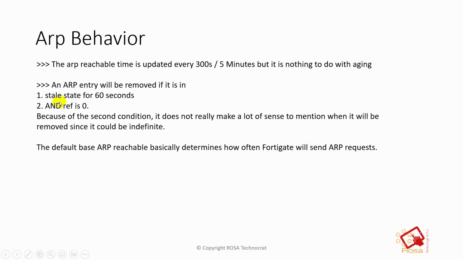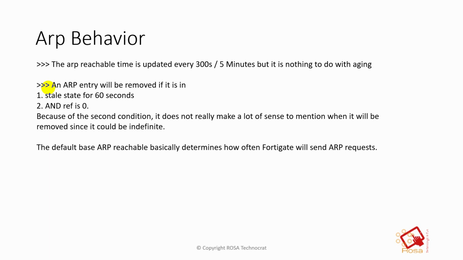You might have a question in your mind, or someone may ask you, I had this ARP entry and now I don't see it anymore, or you have an ARP entry in the table and you are curious to know when it will get deleted. So an ARP entry will be removed from the FortiGate if it is in stale state for 60 seconds.